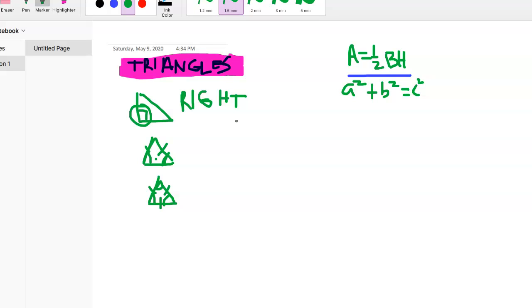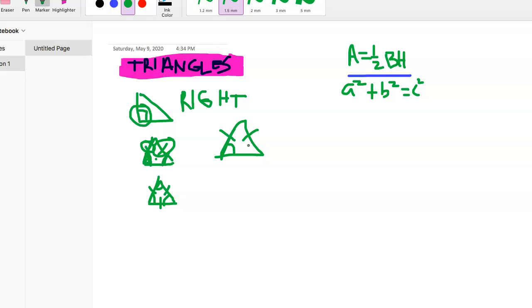Okay. And on the second one, you see we have these two little lines. There's one here, and there's one here, right? And then you have these little things down here, another one over here. So when you see those lines going through a triangle, that means these two sides are equal.